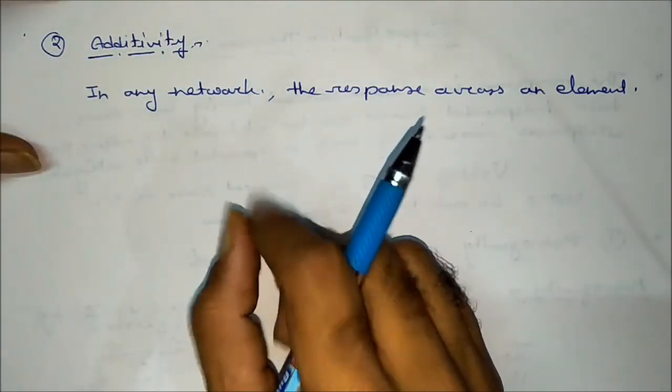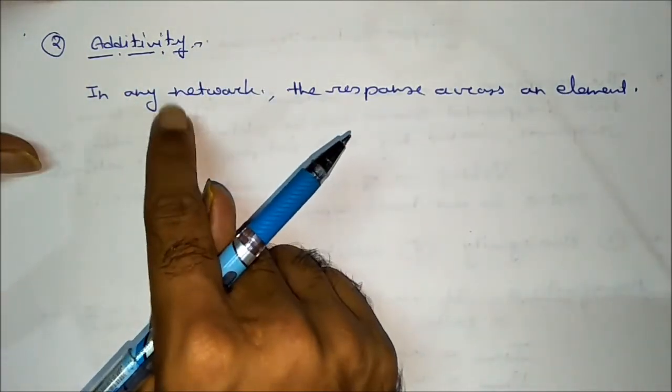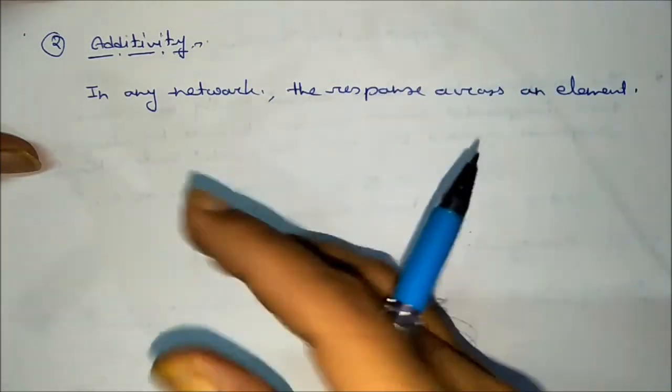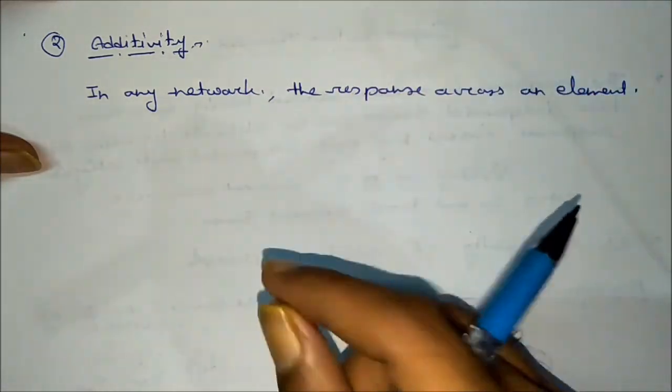Why so? At a time you are applying one source, the next time you will apply the next source, you will get some different response. The next time you will apply a third source, you will get some different response.